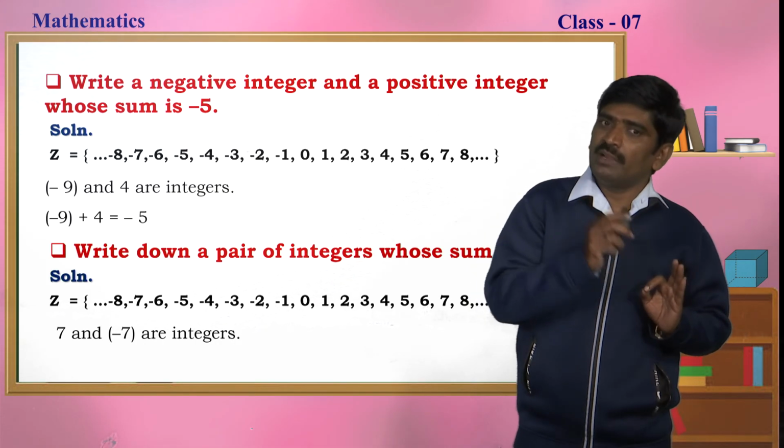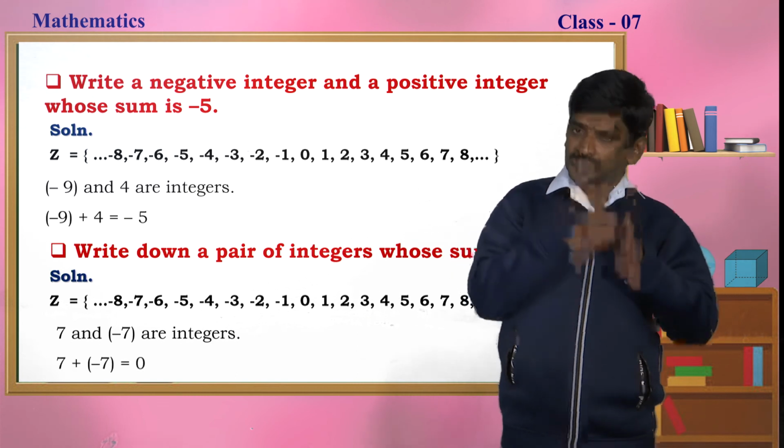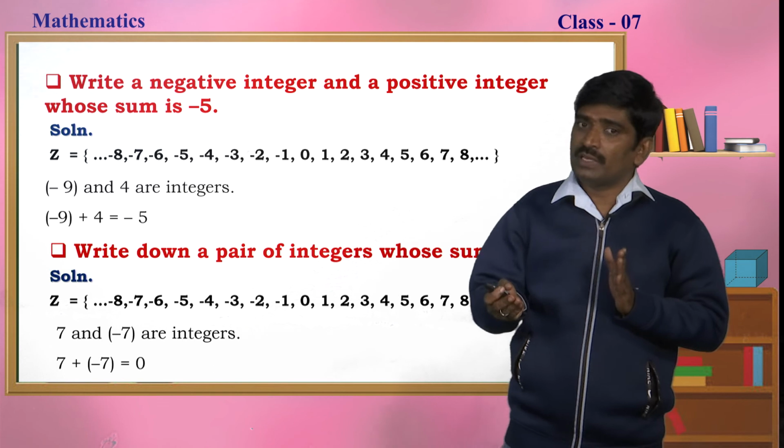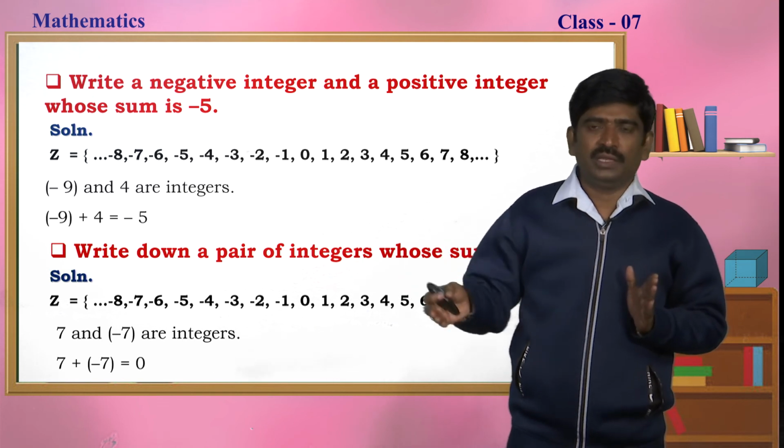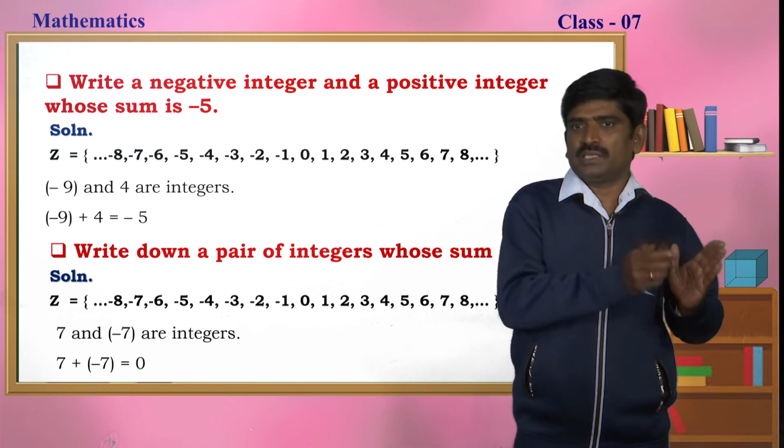Similarly, 7 and minus 7 are integers. Then the sum of these two, 7 plus minus 7, is equal to 0. Yes, we get it. Minus 7 is the inverse of plus 7. Thank you, dear students. In this second session we discussed the properties of addition and subtraction of integers.